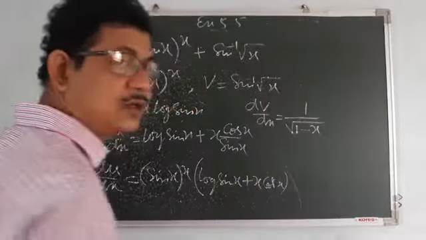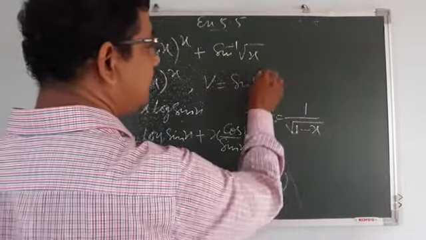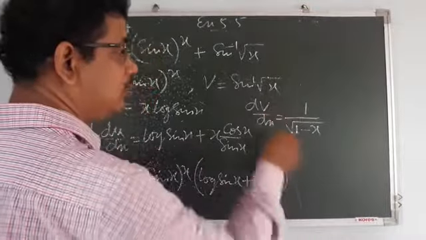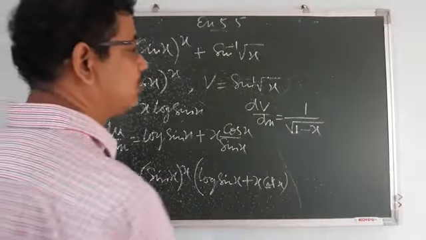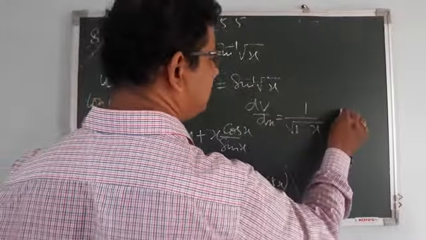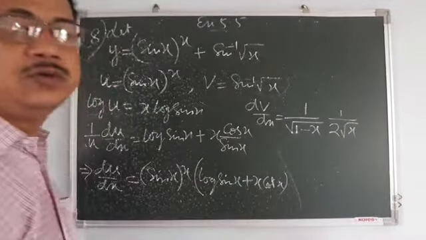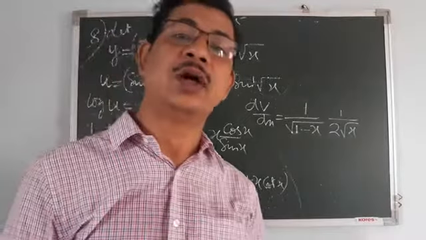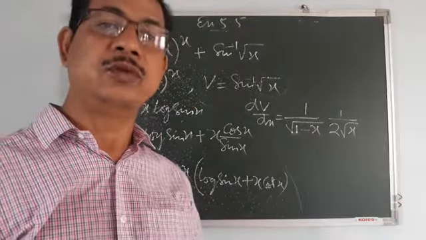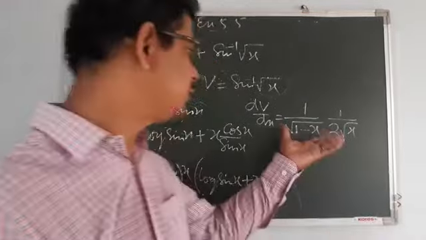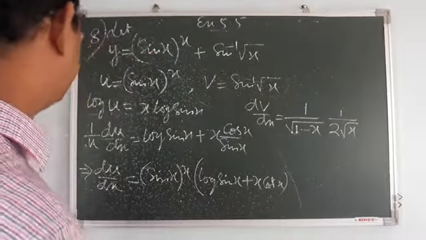Root x squared is x. Now we differentiate this again, because this is root x. So root x, it will be 1 by 2 root x. We are using the formula n x to the power n minus 1, differentiation of x^n with respect to x.